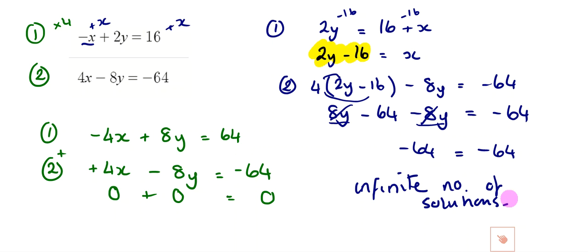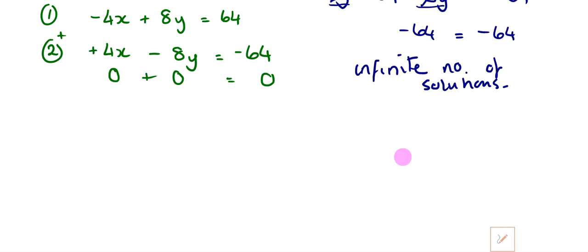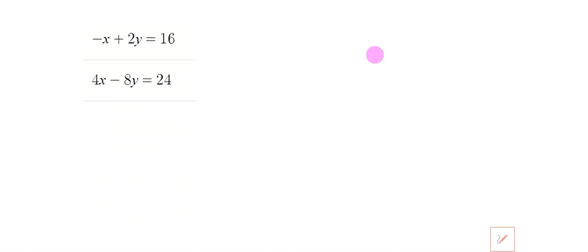Does that make sense? So this is where we start talking about the number of solutions. So normally you found one value of x and y that works. So what's coming next? You've got time, you've got 10 minutes. Have a go at this one.